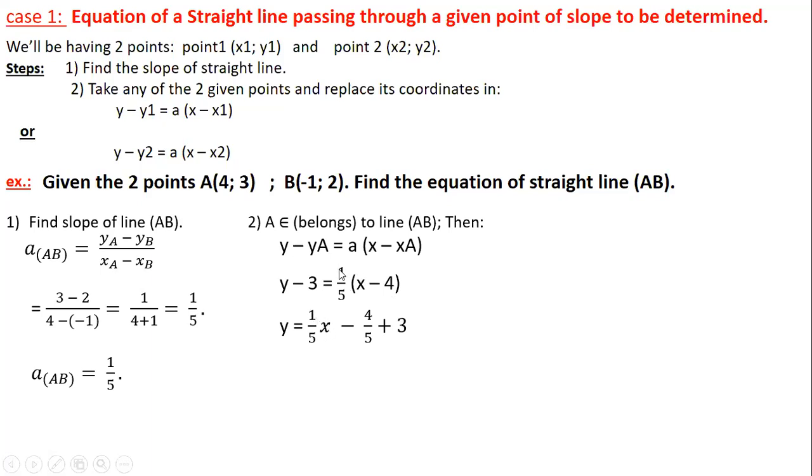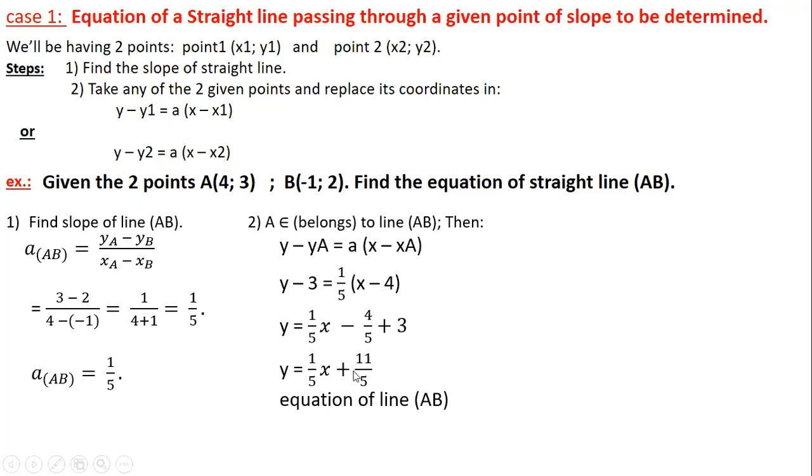If I multiply 1/5 by -4, I will get -4/5. And I get the -3 to the other side, it becomes +3. Now, I do these two together because -4/5 and the +3, this is a fraction and this is a number. I put 3/1. I change them into like fractions. So the equation of line AB will be y equal 1/5x plus 11/5.